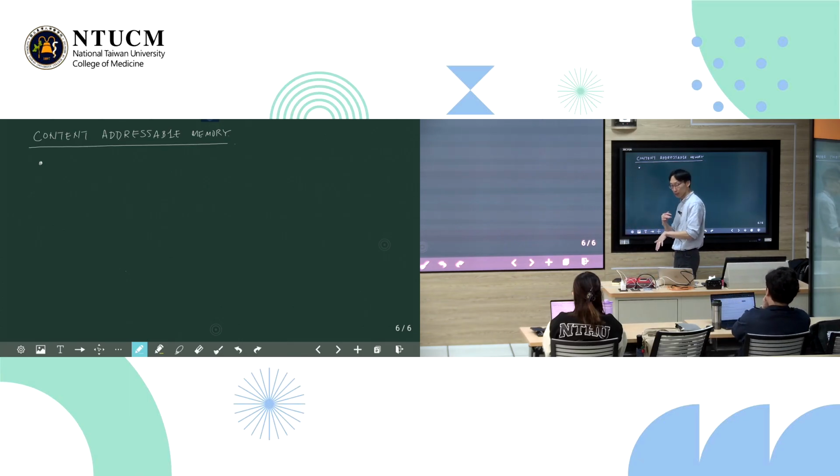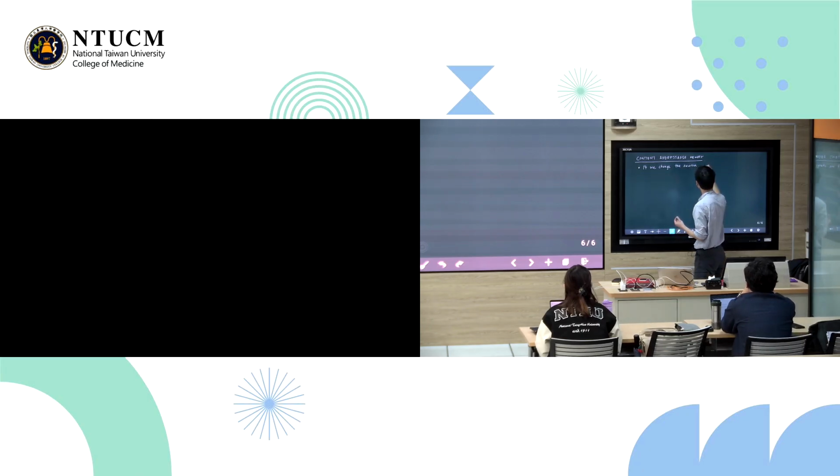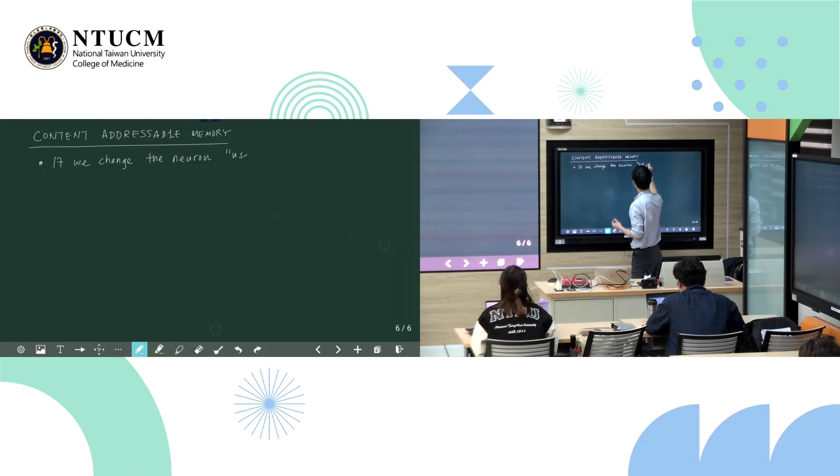So opposing to that, for content addressable memory, if we change the neuron, let's just directly talk about the actual biological neuron that is involved, okay?